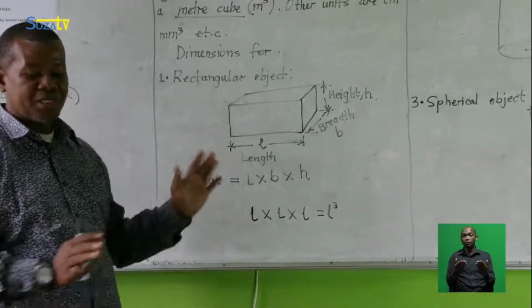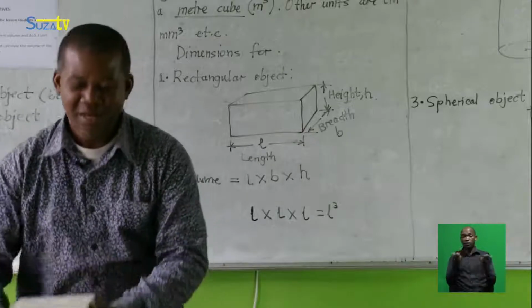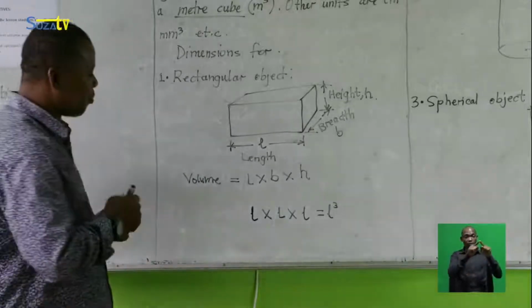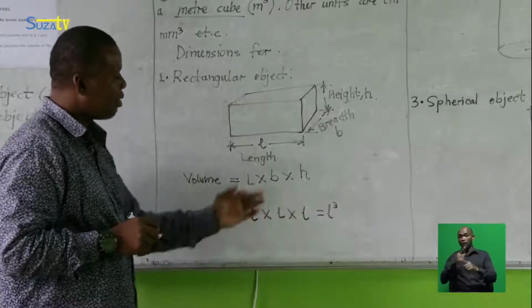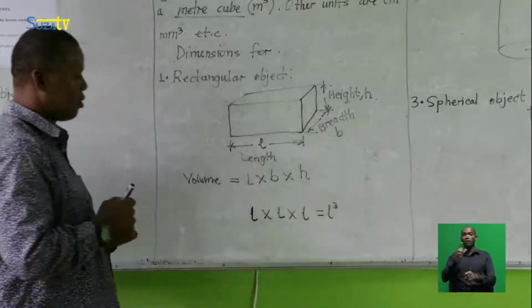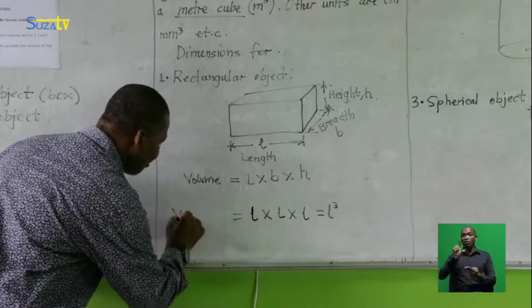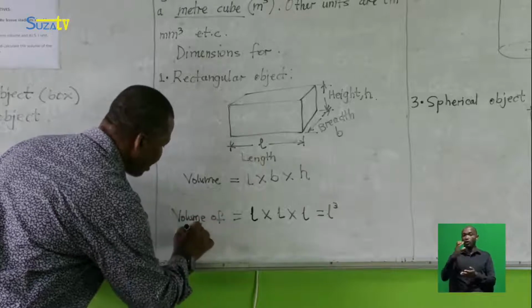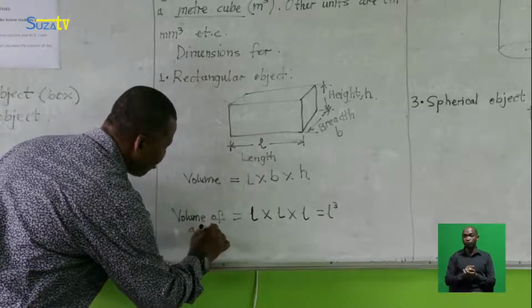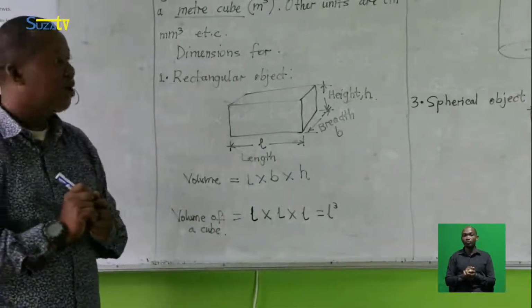Now, for the special case of the cube, like this one, as we have seen, we have to use length times length times length, which is equal to length cubed. So this is the volume of a cube, which is a special case of the rectangular object.